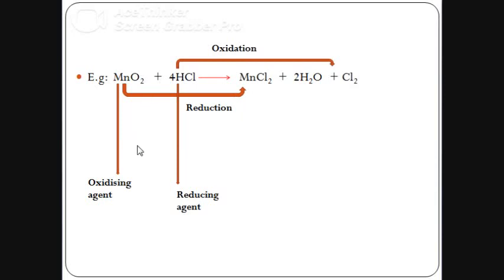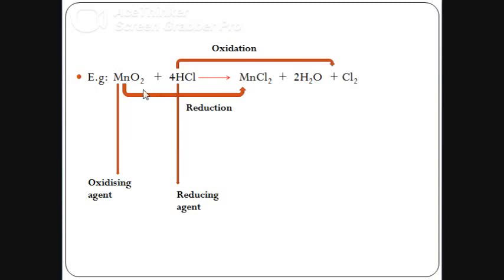Now the oxidizing agent, as we discussed in the last example also, are the agents, substances or elements which are capable of giving oxygen to others. So these are the substances which will bring oxidation for others by getting themselves reduced.